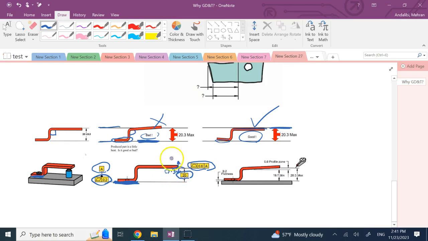So 0.3 above, or 300 thou. So the maximum dimension is going to be 20 plus 0.3, so it's going to be 20.3, and if you make the part according to this GD&T, it is definitely going to work.